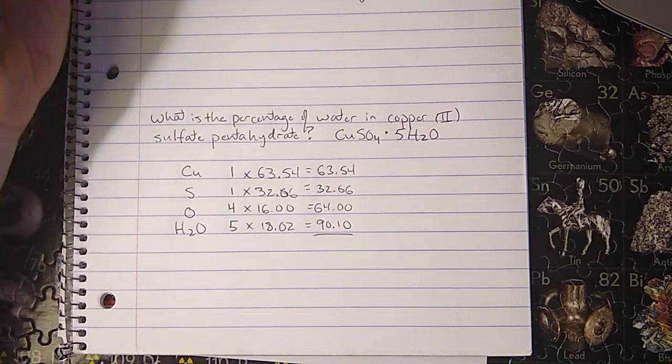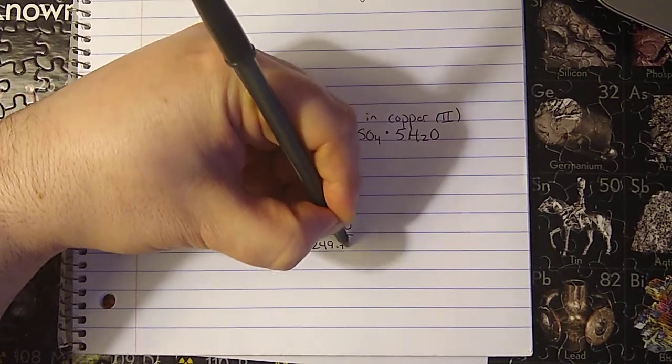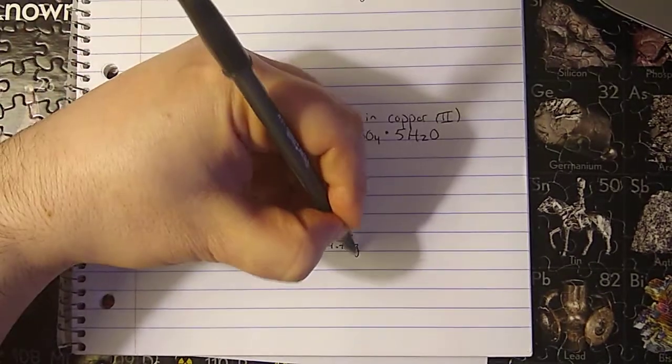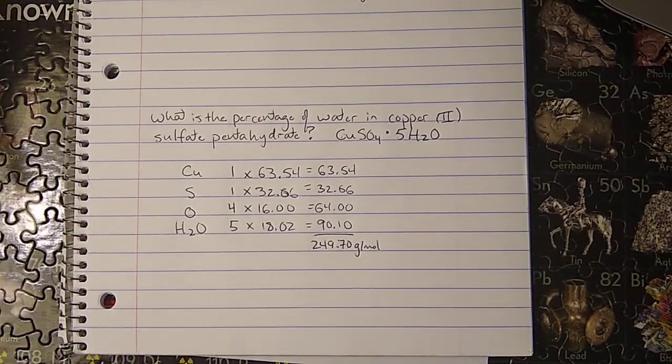And then add the results. So the total compound here is 249.7 grams per mole.